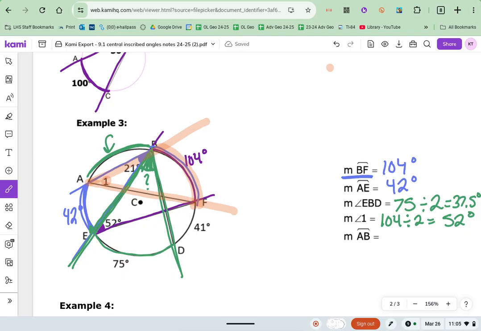So the other thing that you can do is you can use the whole circle, because we know that the whole circle adds to 360, right? So we can figure out how many degrees we've already used and then subtract from 360. So we've already used 104 plus 41 plus 75 plus 42.